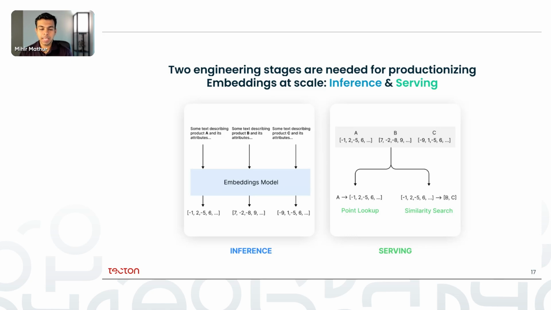Inference is just taking all of your data, structured or unstructured, and using an embeddings model to get the numerical representation. Serving is that, given those numerical representations, you want to do point lookups or similarity searches. A point lookup is when you have A and you want to get the embedding for A, and similarity search is where you have an embedding and you want to get the similar items for that embedding.